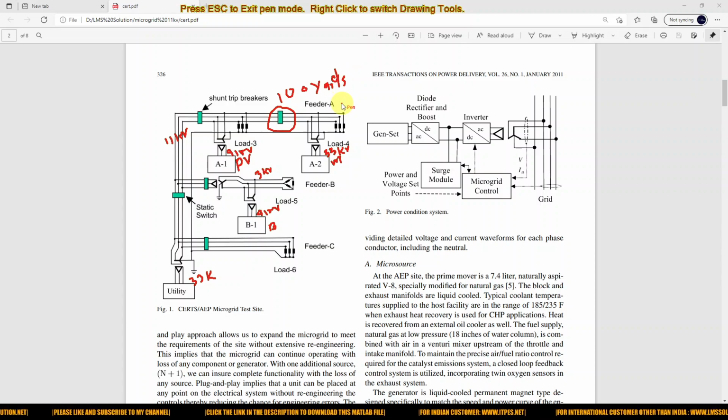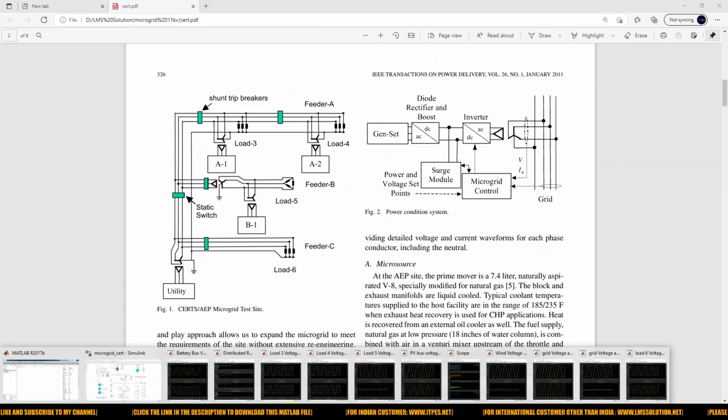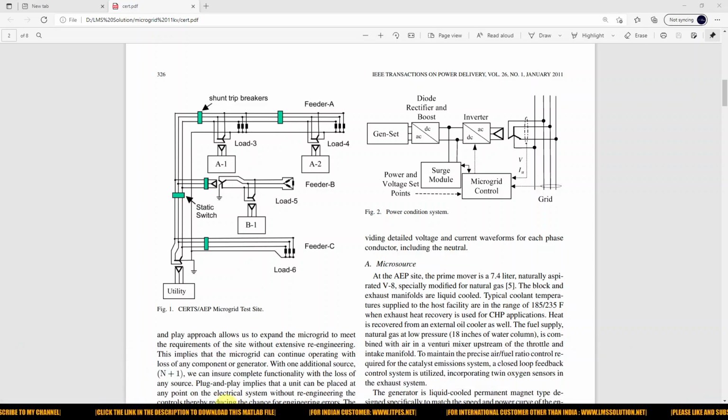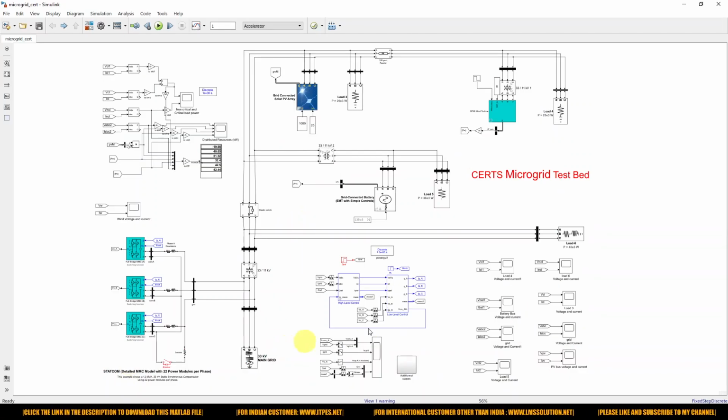Next we are going to see the Matlab details about this microgrid test site. Here you can see the Matlab simulation, or Matlab model, of the CERTS microgrid test bed.